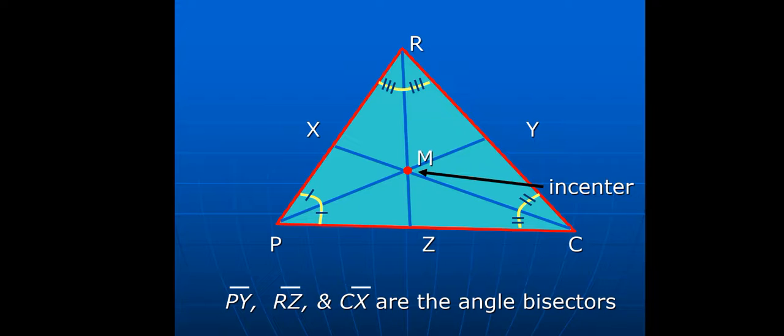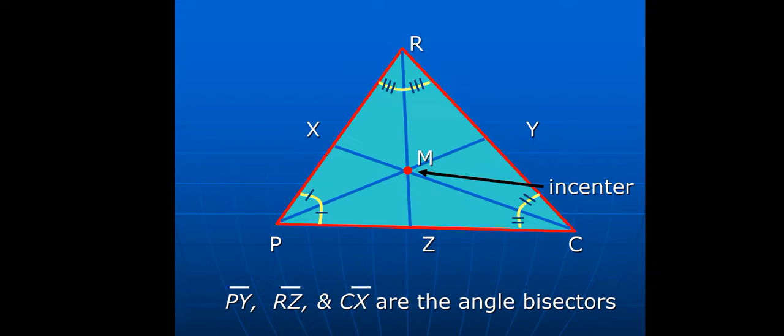Same din sa RZ at CX. Sa CX, nag-start tayo sa may angle, diretso sa X. Ganun din sa RZ, nag-start sa R na may angle, at nag-straight sa Z. So, ganyan yung angle bisectors.